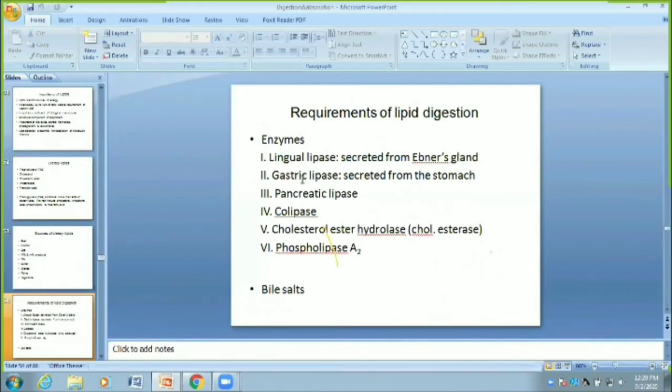Lingual lipase and gastric lipase, these two are acid stable lipases. Then pancreatic lipase, coming from exocrine pancreatic juice. Colipase is also from pancreatic juice. Cholesterol esterase, cholesterol ester hydrolase, and phospholipase A2.